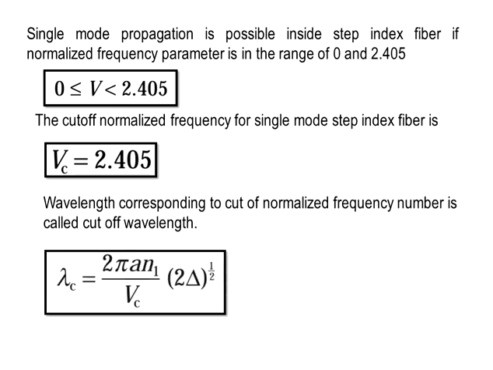So we can define lambda c at V equal to Vc. N1 root of 2 delta is the same as the numerical aperture. So if we consider lambda c by lambda, we will get one equation, that is V by Vc.